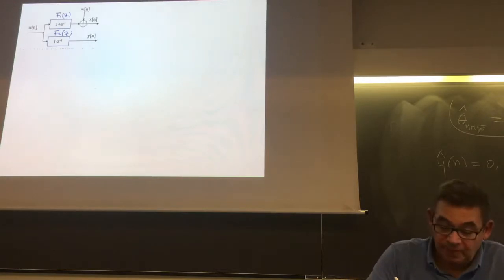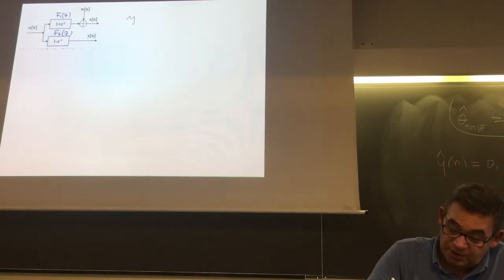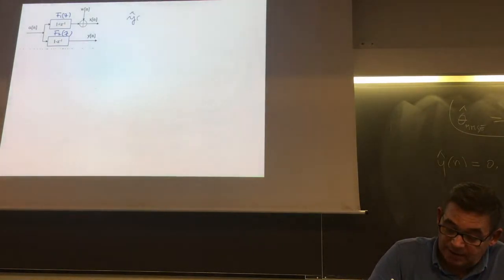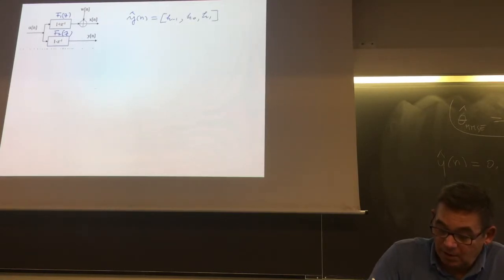What I want is y hat n equal to a set of coefficients, h minus 1, h0, h1, multiplied by x n minus 1, x n, x n plus 1.